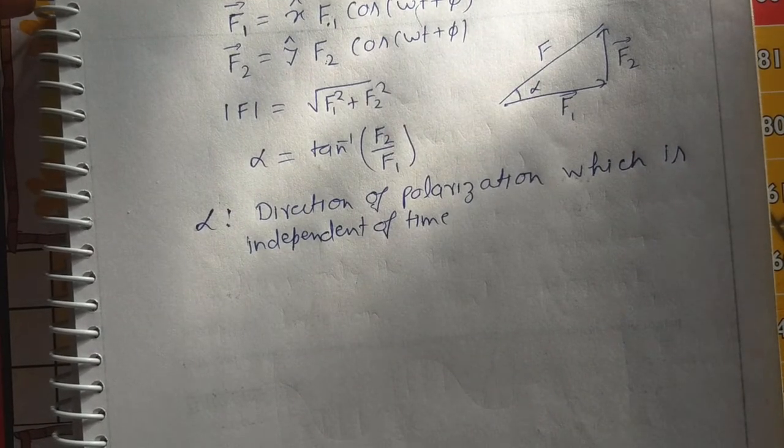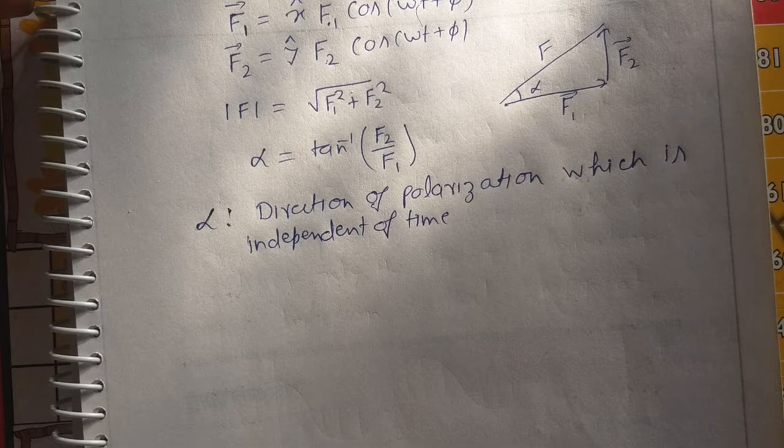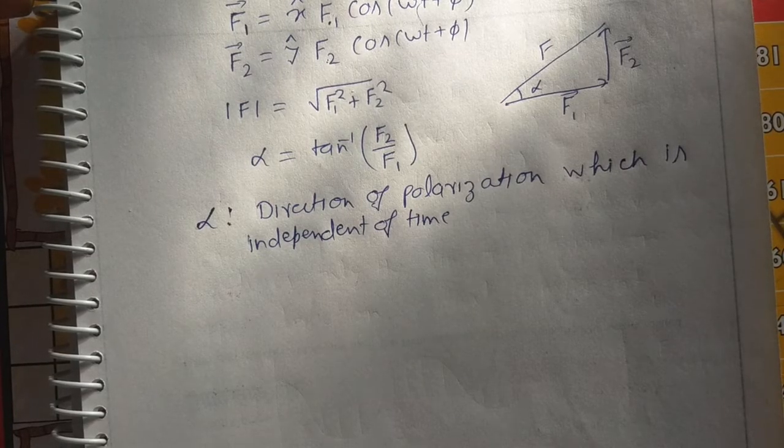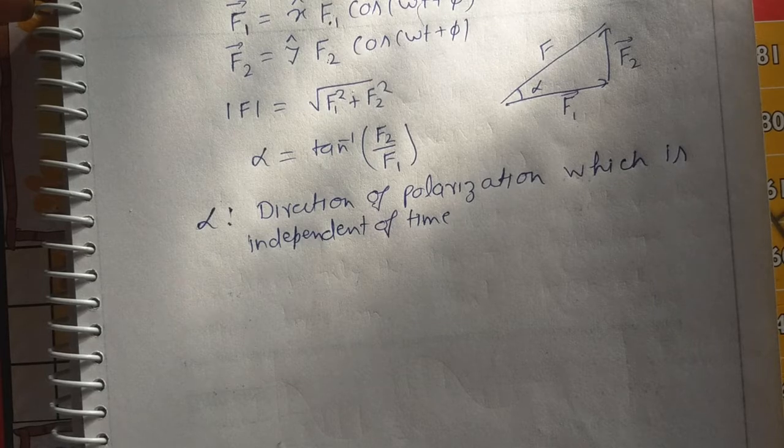Any number of linear polarized vectors having different directions and amplitudes but in phase is also a linear polarized vector.